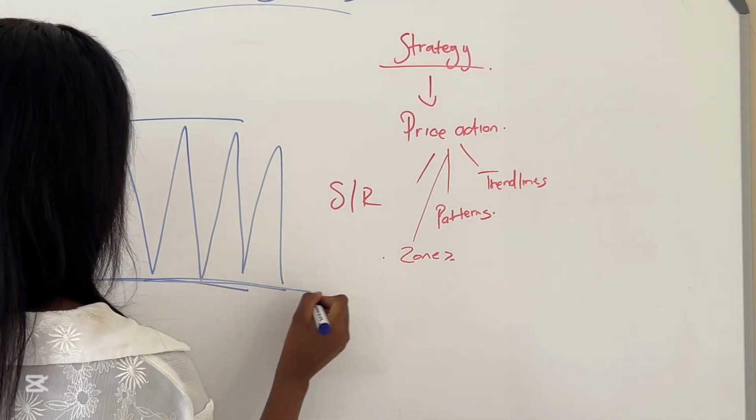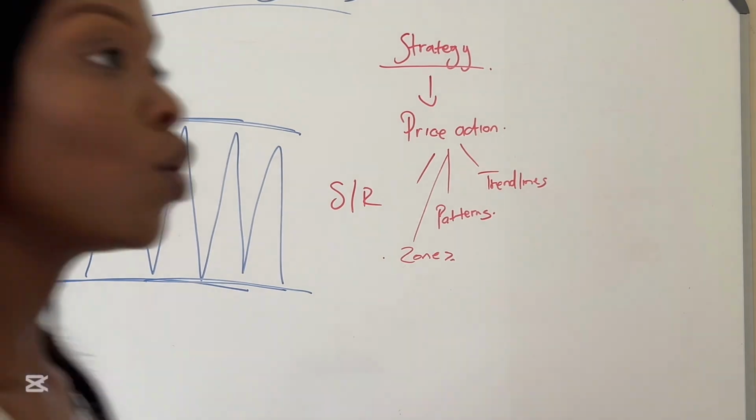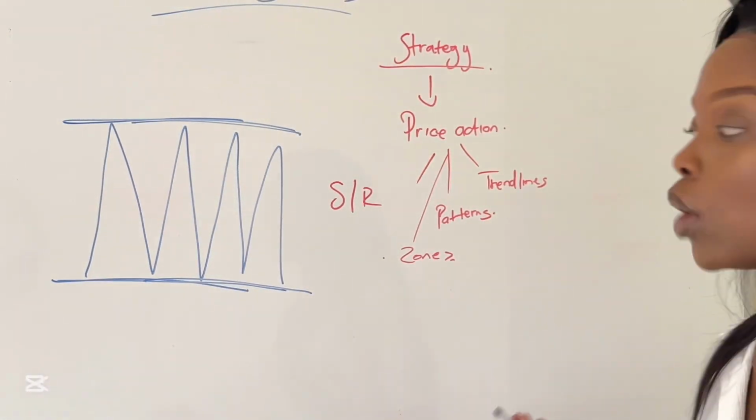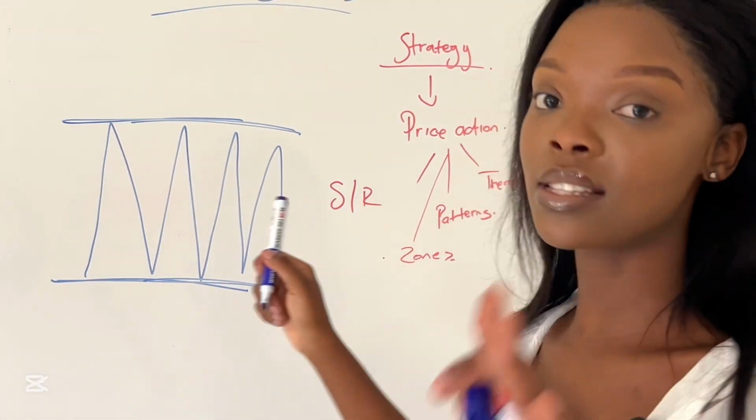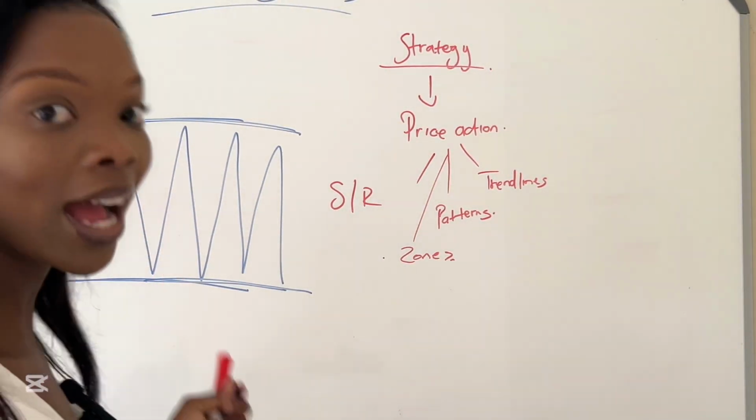This is your support. This is your resistance. So to simplify it for you, support and resistance are basically two lines boxing the chart.